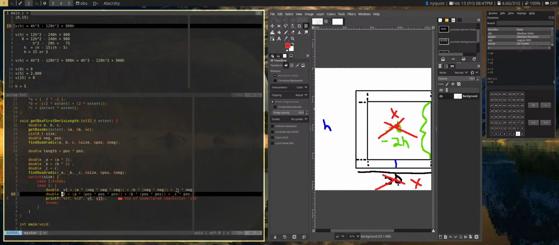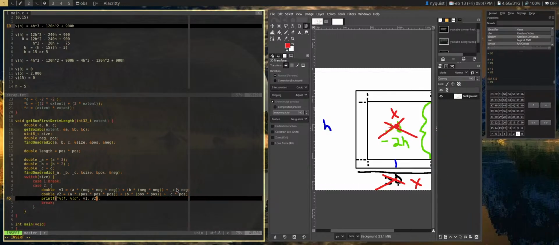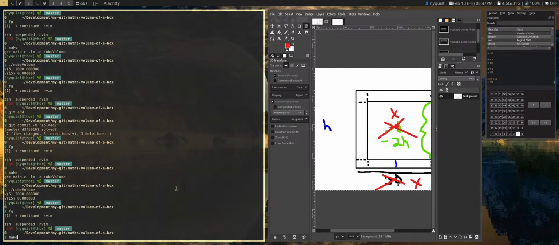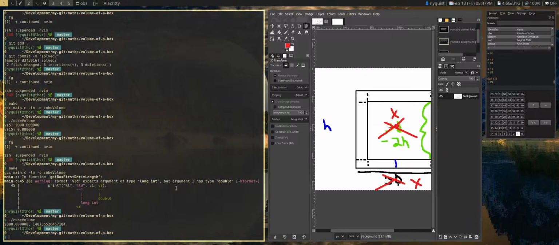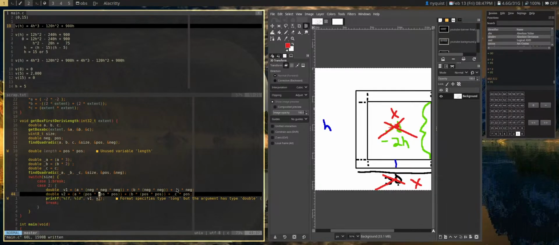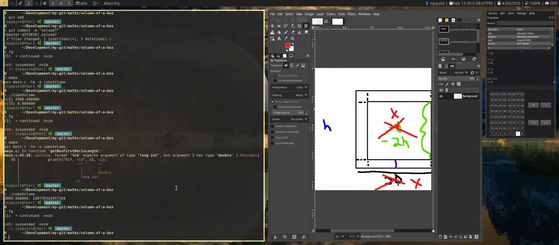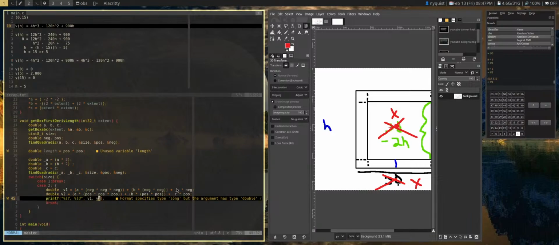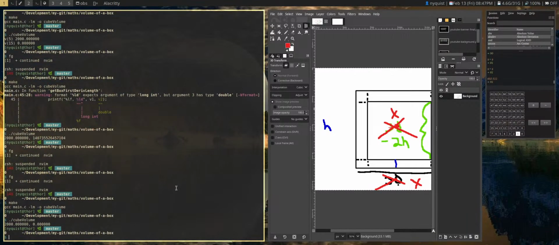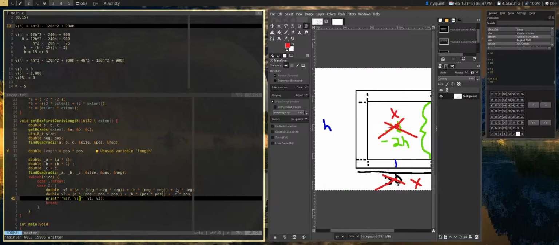Just name it this. So I kind of messed up then. Oh, it's not a float. There we go.